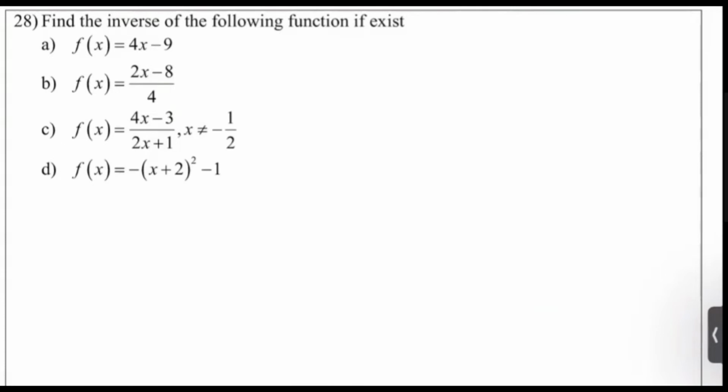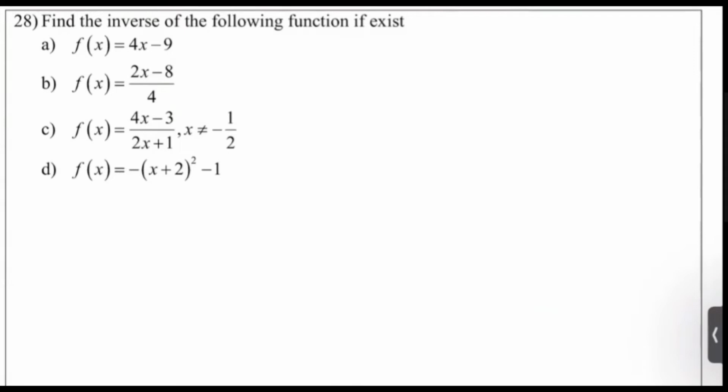Okay, kalau kita tengok dekat sini, find the inverse of the following function if exists. For A, f of x equals to 4x minus 9. So kita kena check dulu dia ni one to one ataupun tidak. Okay, jadi kita pun check dulu lah.